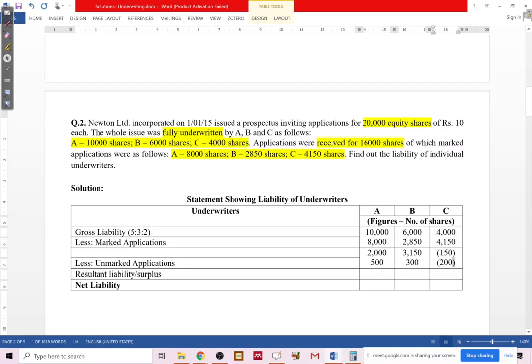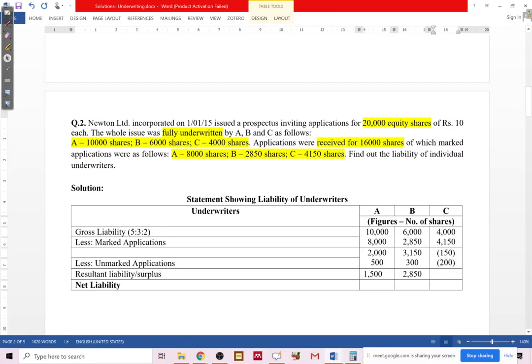So what do we do? 2,000 minus 500, this gives us 1,500. Okay, then 3,150 minus 300, gives us again 2,850. Right? And this one, negative 150 minus 200 it is.